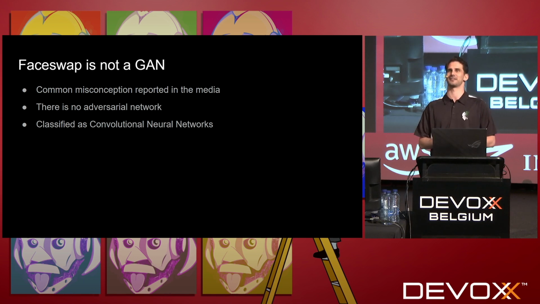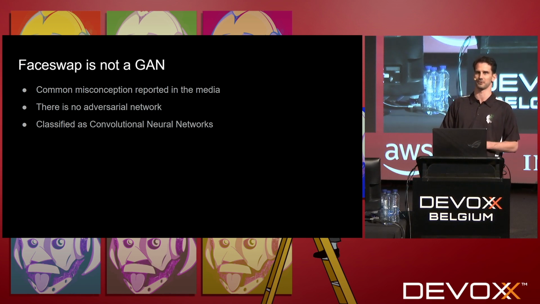A GAN has a third neural network riding on top, which is called a discriminator, which intelligently decides whether or not this output is classified correctly, or the quality of the output. So we have no such network. The core ability of face swaps is training two autoencoders, but then swapping them to aid the image reconstruction.